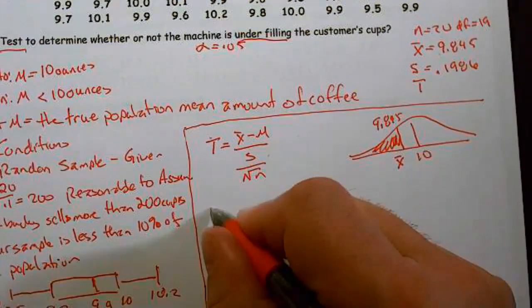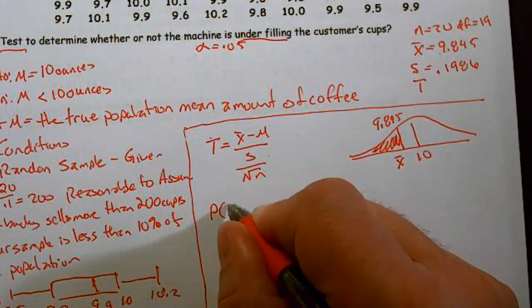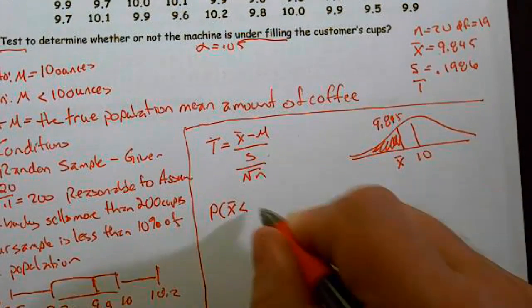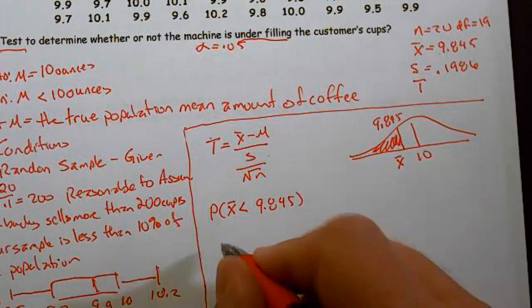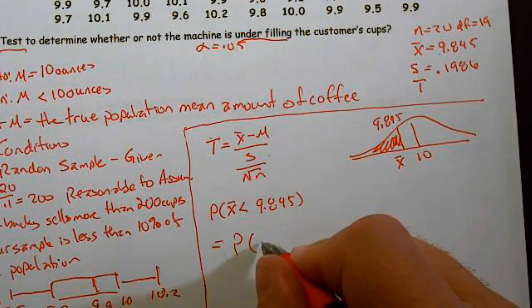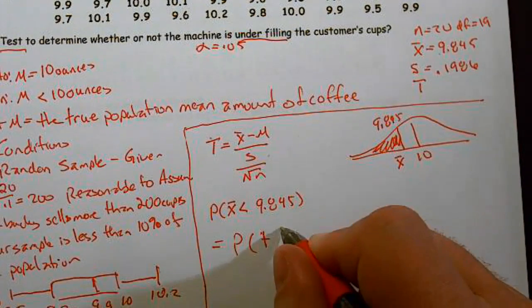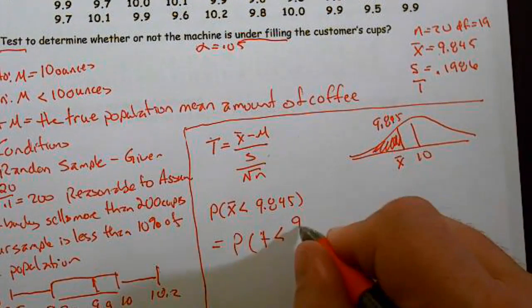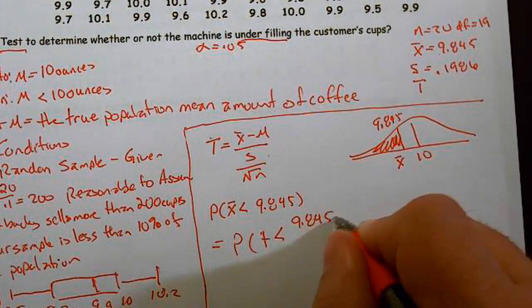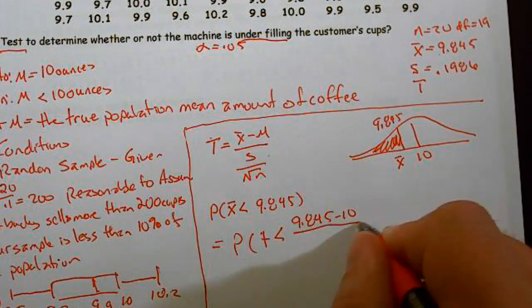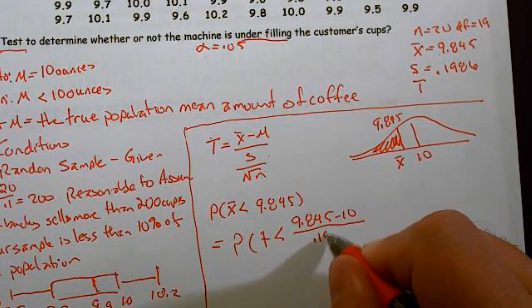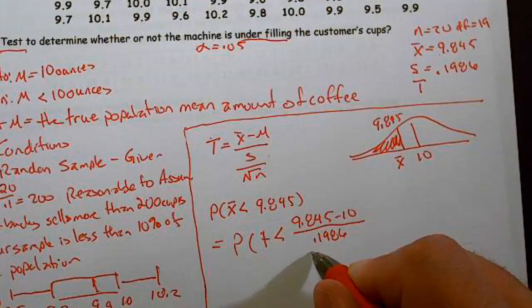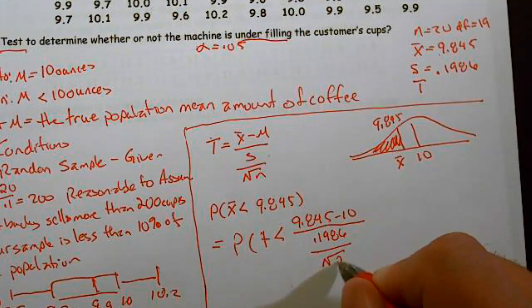And so we want the probability that x bar is less than 9.845, and that equals the probability that t is less than 9.845 minus 10 over my sample standard deviation 0.1986 divided by the square root of 20.